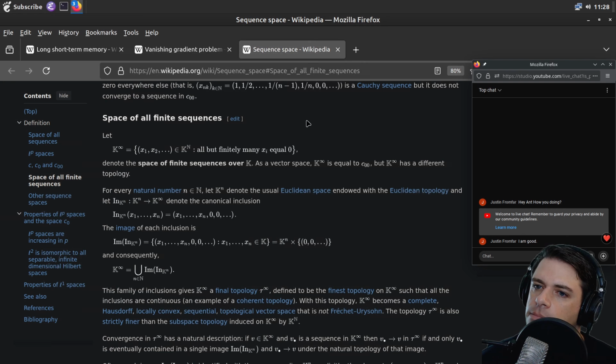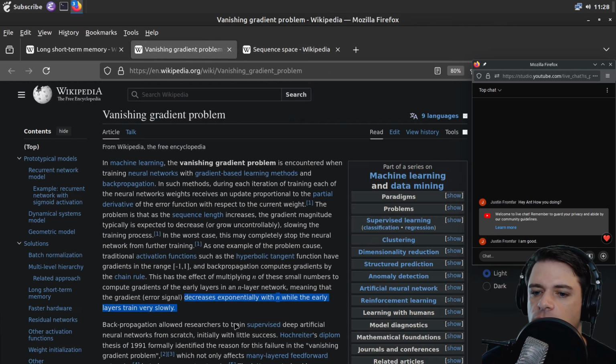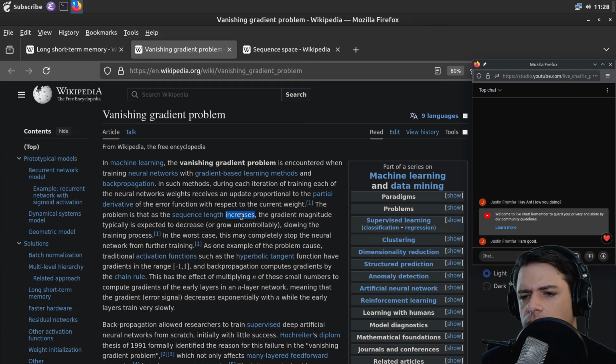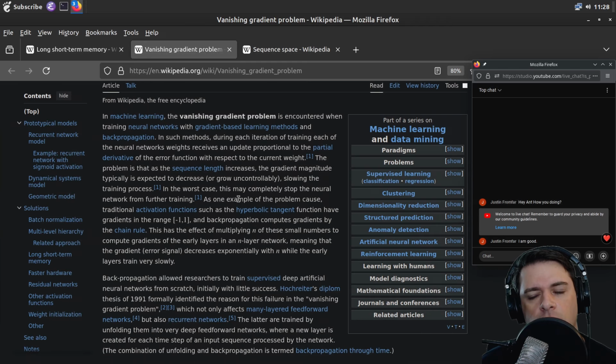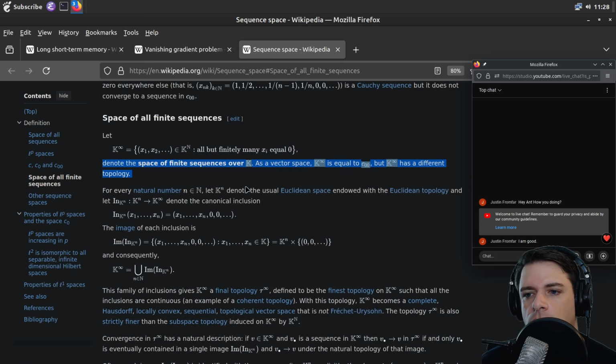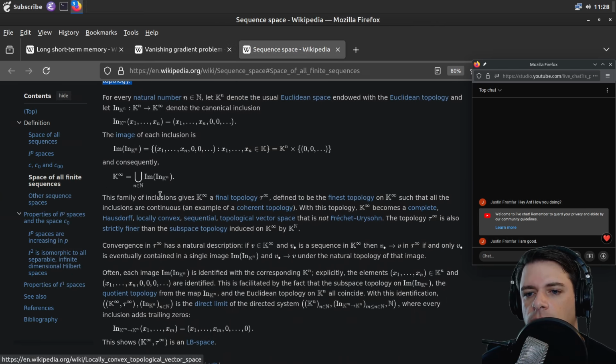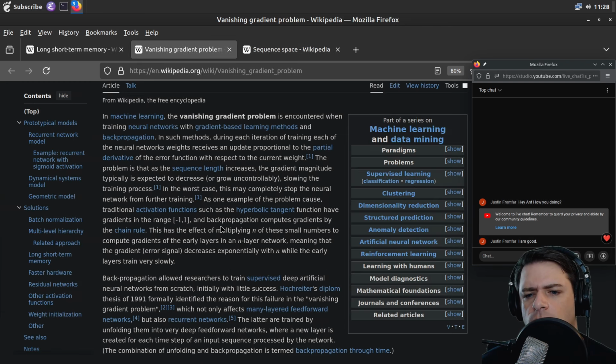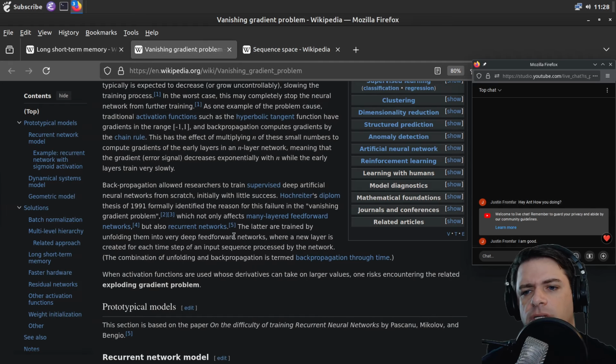And this is just the space of finite sequences. But what does that have to do with the sequence length? I'm guessing this is possibly just referring to... sequence of what, though? I think that they mean like the dimension potentially.